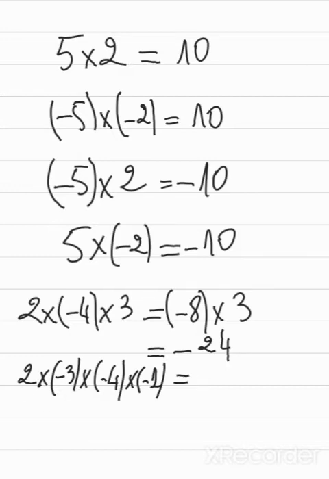Here we have negative 6 and here we have positive 4. There's no need to write the parentheses, but it's not a problem. Now I'm left with two numbers with different signs. It's negative 24.